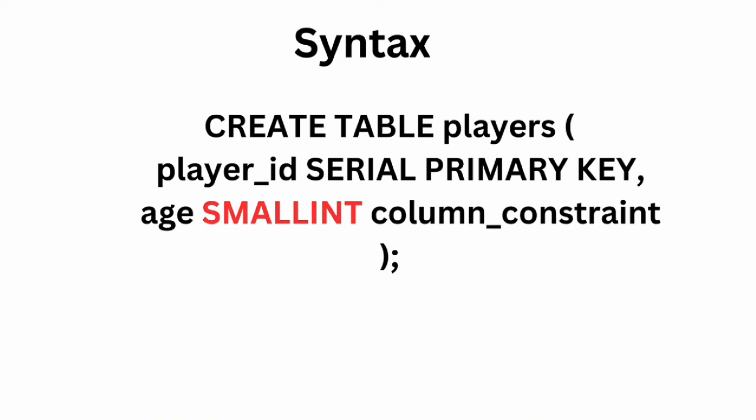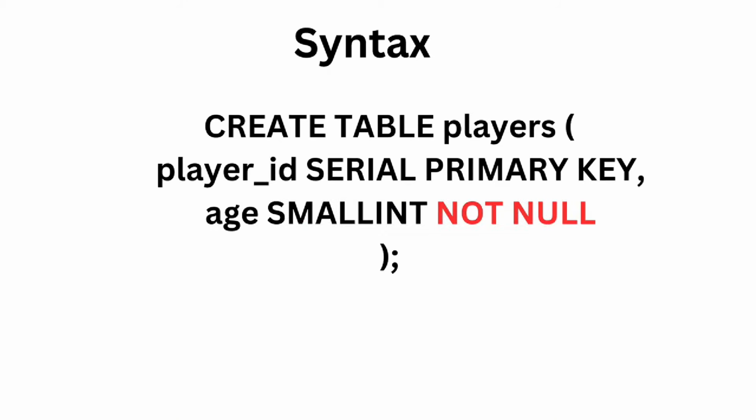Let's say players that are over 18 can no longer play in this league. Because of this requirement, we need to make sure that we know the age of the player, in which case we'll want a column constraint like not null, meaning that if you're inserting a player into this table, you cannot leave the age blank. Otherwise, the table will reject the new entry.